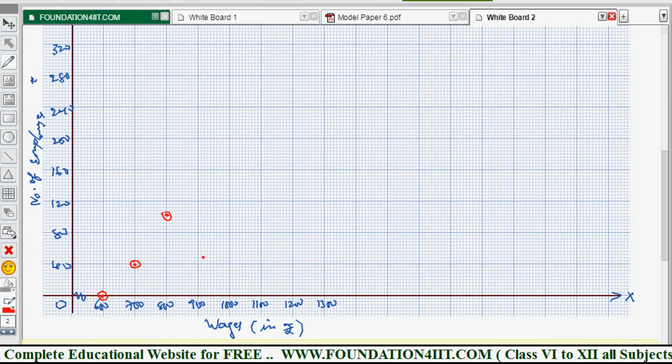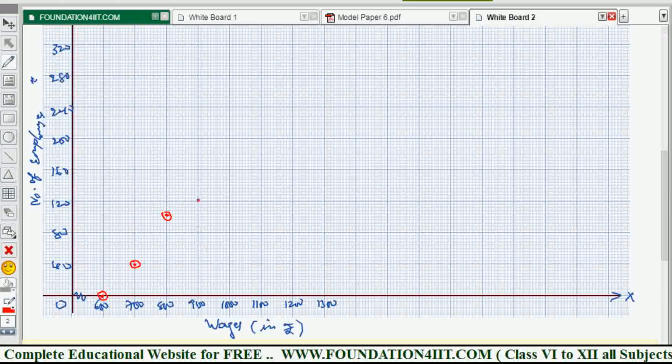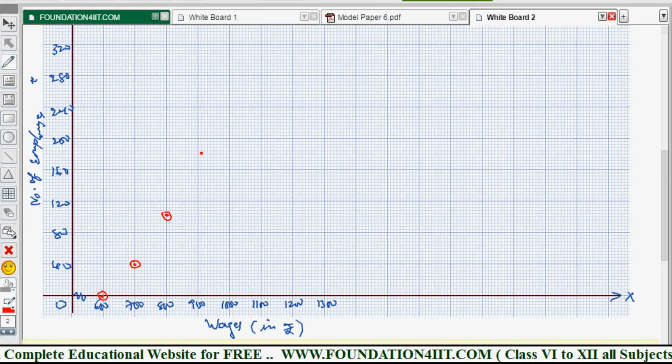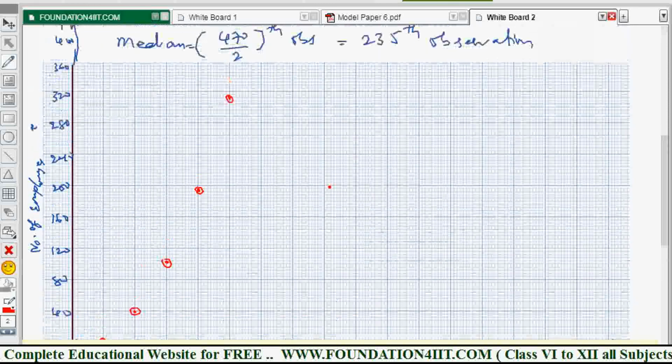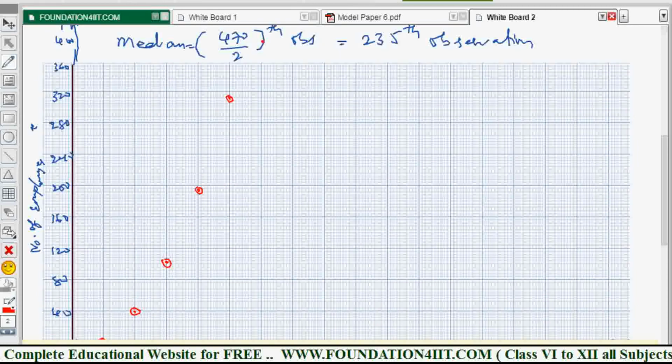And for 900 it is 194. 1000 is 314. 1100 is 404.